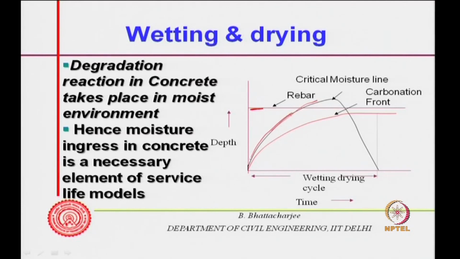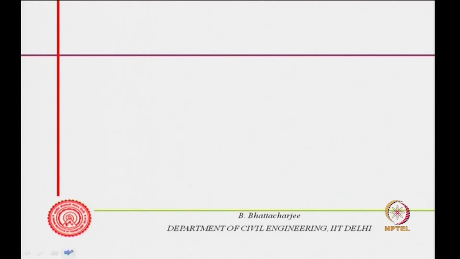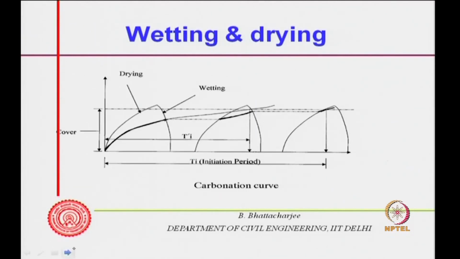If it dries out, this zone becomes critical and carbonation proceeds here. Then the drying stops, suddenly wetting occurs at a very fast rate, and it becomes saturated again, so no carbonation will progress. So, carbonation will progress only within this envelope, and this process will be repeated, and you can see this in this diagram. This process will repeat.